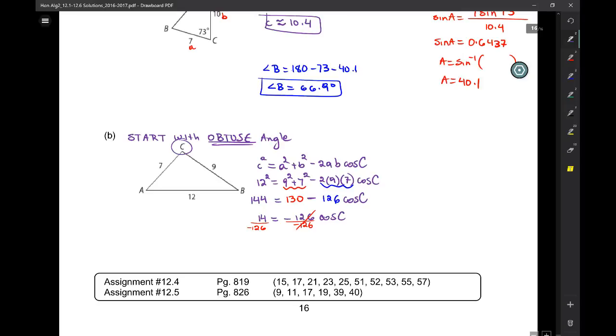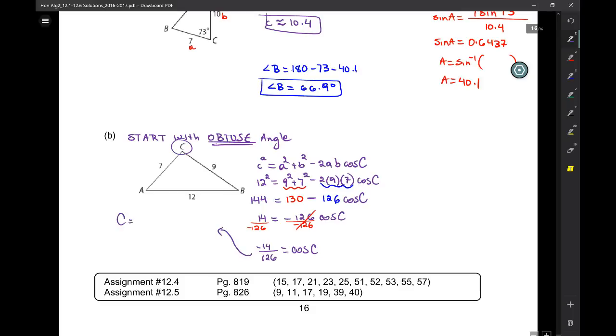So 14 over negative 126, I don't even plug that in the calculator, is equal to cosine of C. Now, what's C then? That's the inverse cosine of this, right? So I'm going to solve it here.